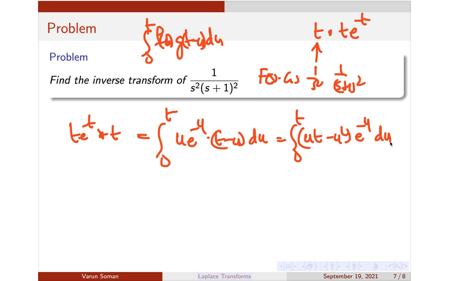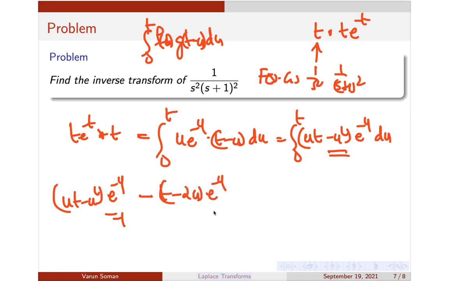Now you can integrate using the parts formula. So it is simply ut minus u square into e raised to minus u by minus 1, minus t minus 2u e raised to minus u by plus 1, plus, I think it is minus t minus 2u, so again minus 2 into e raised to minus u by minus 1.